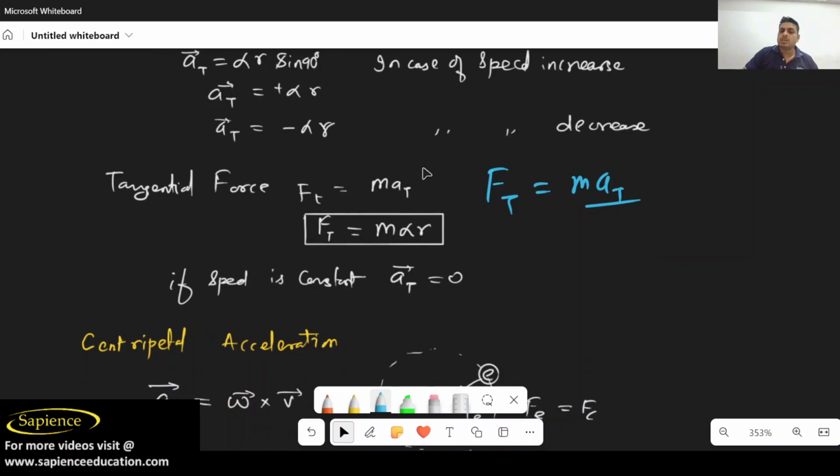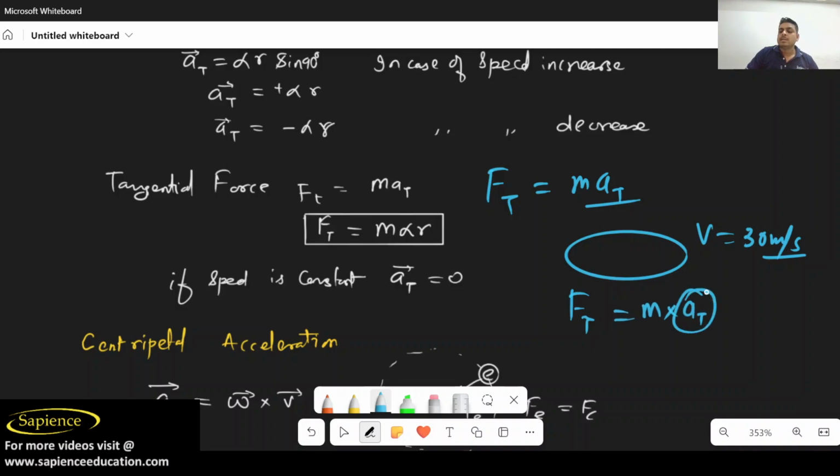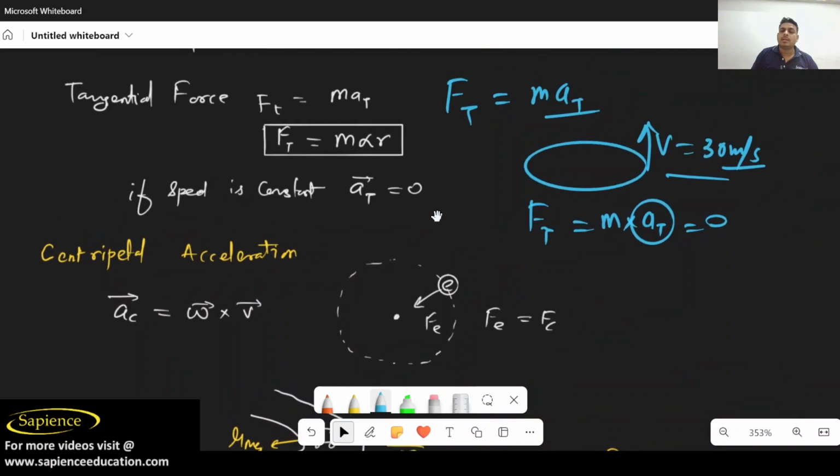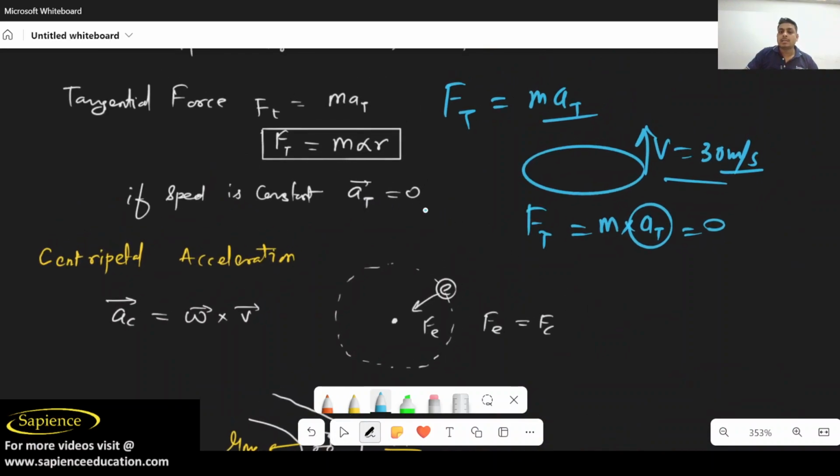If speed is constant in circular motion, suppose 30 meter per second, then tangential force, mass into tangential acceleration, will be 0, because the velocity in the tangential direction is constant. But centripetal acceleration won't be 0. Why?